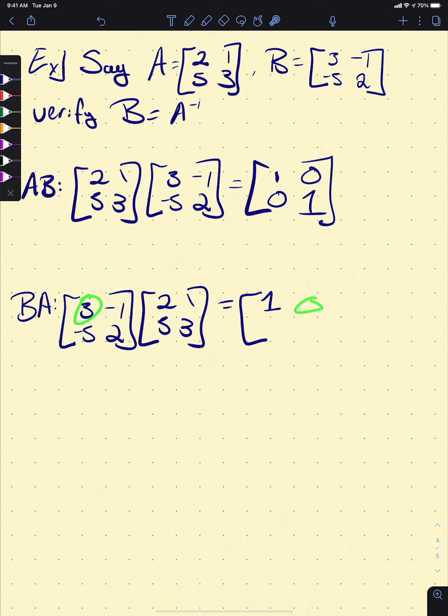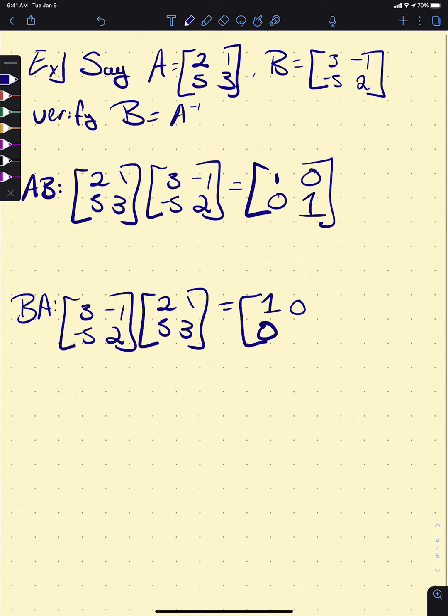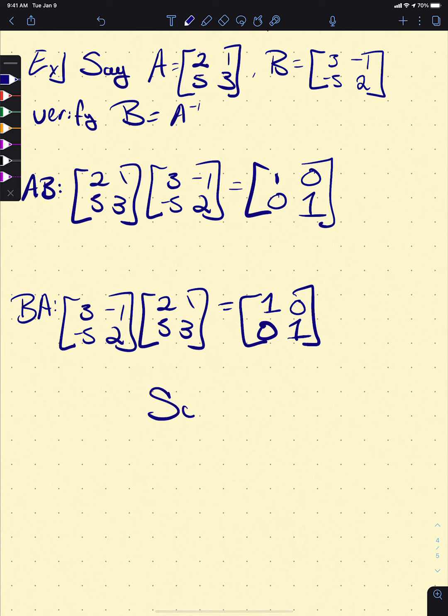Right here, it looks like we have 3 times 1 minus 1 times 3 for 0. Right here, we're going to have minus 5 times 2 for 10. We end up with 10 minus 10 right there for 0. And then for the final one, looks like once again negative 5 minus 6 for 1. Okay, so indeed, we have that B does equal A inverse.